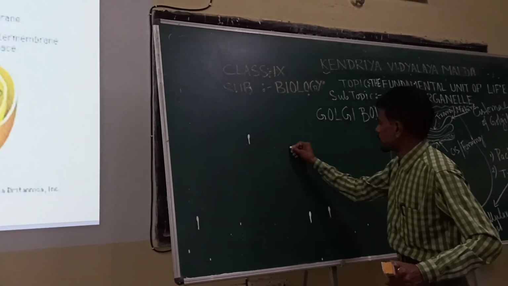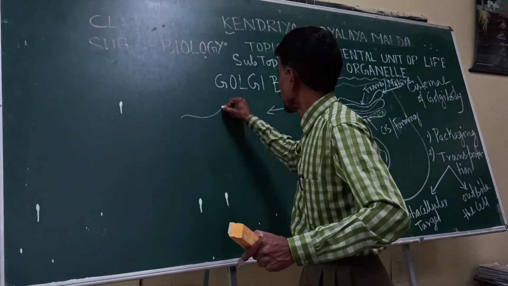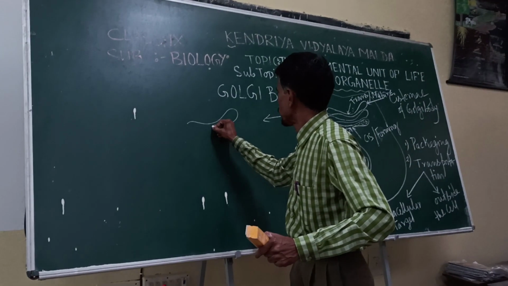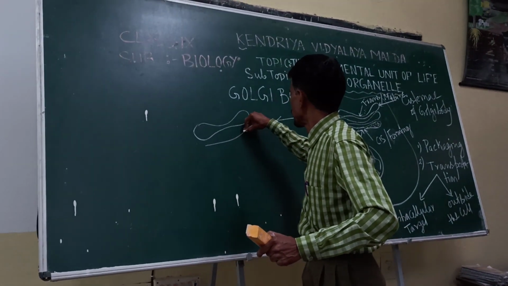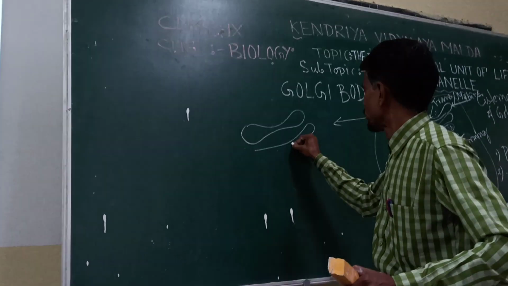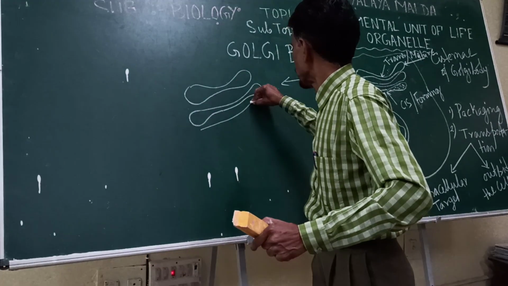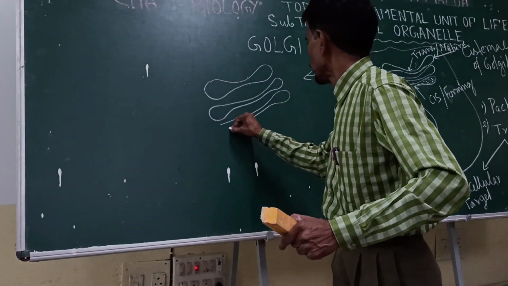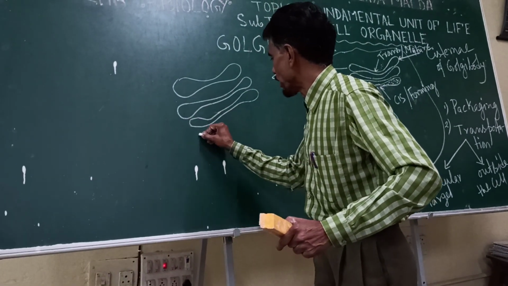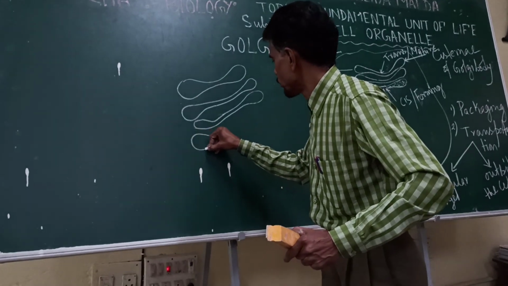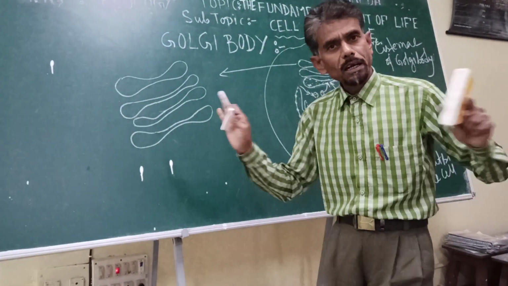So if I draw the Golgi body separately, it will look like this. Is that clear to you?